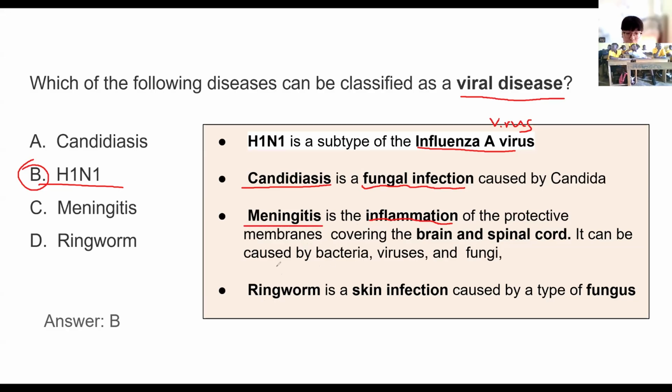Things like bacteria and fungi can cause meningitis too. It's not simply a viral disease. And then finally, ringworm is a skin infection that is caused by a type of fungus. So it's a fungal disease, not a viral disease. Okay.